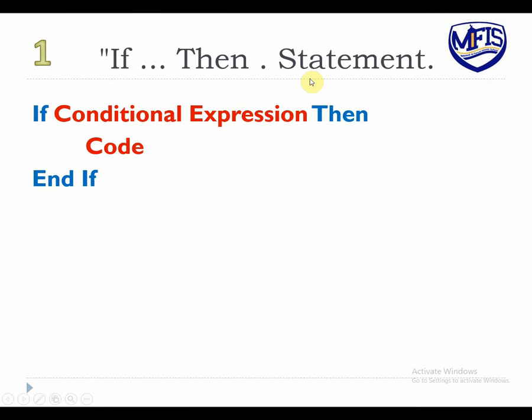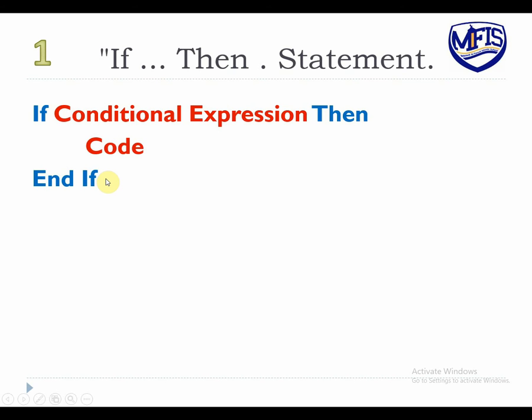The if-then statement general syntax is, as you can see in front of you: we start with the word if, followed by a conditional expression, and then on the second line we write the code, and finally the words end if.